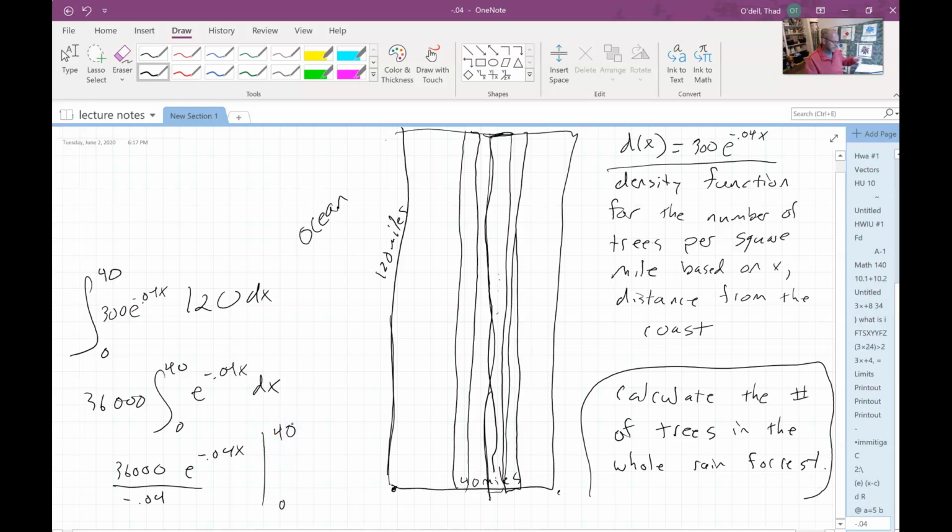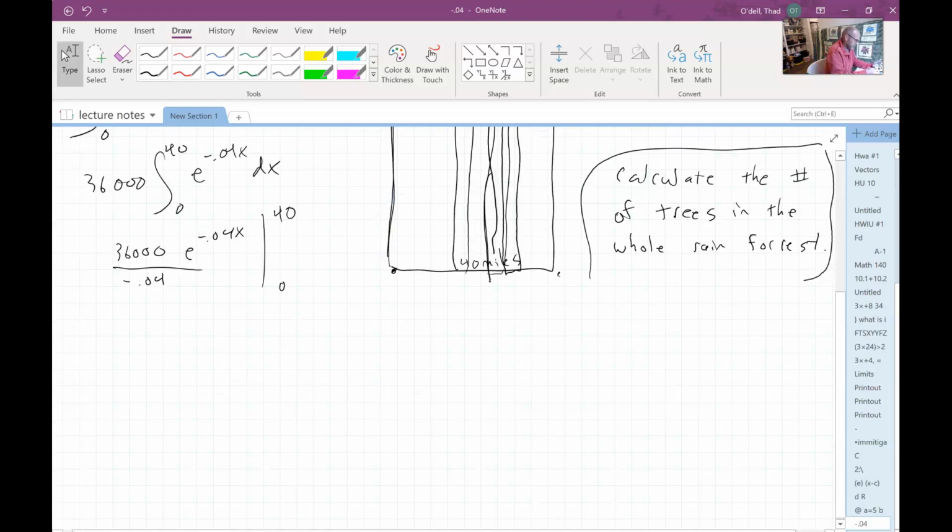So let's take this 36,000 divided by negative 0.04, and I get negative 90,000 actually.